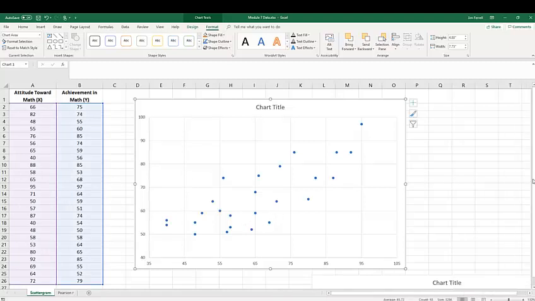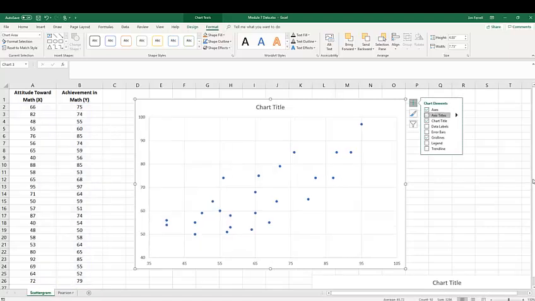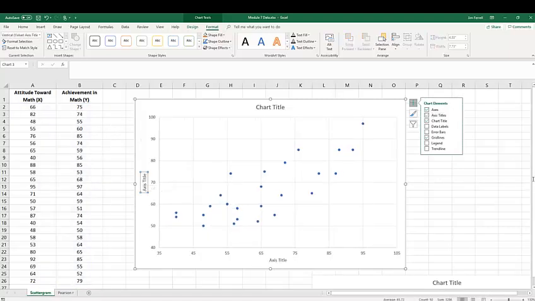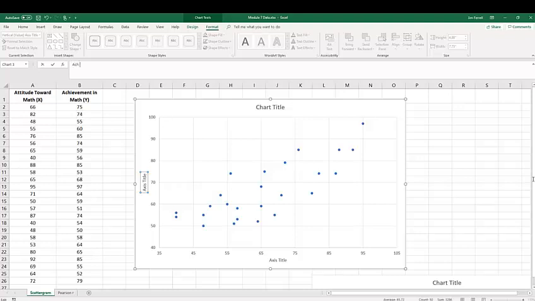Okay, and we can also add our titles. So we can add axis titles. This one, our y-axis is achievement in math, and our x-axis is attitude toward math.